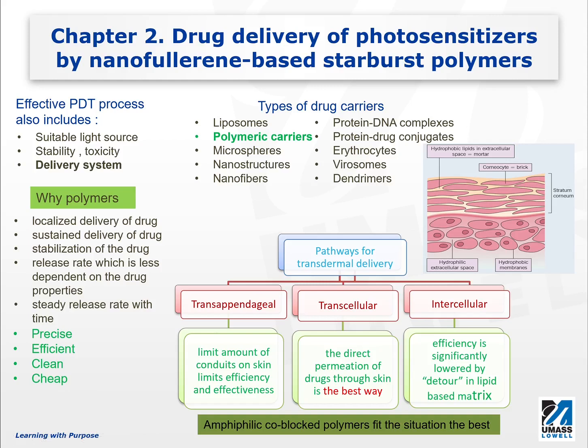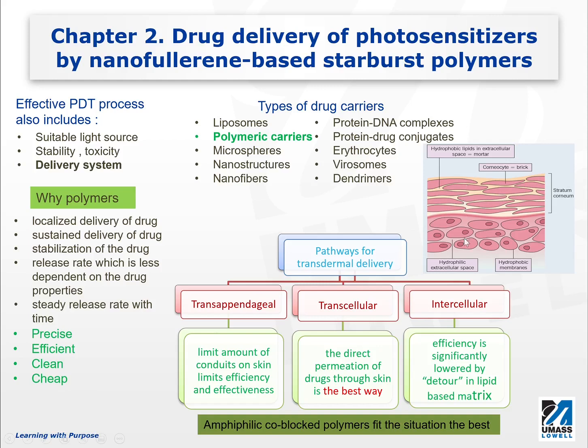However, for the delivery of the photosensitizer, we think a polymeric carrier might be a good candidate, because in a word, it's more precise, more efficient, cleaner and cheaper. And for choosing the polymeric material for transdermal delivery, especially for the photosensitizer, which is widely used for dermal treatment, we have to make sure the type of polymer is suitable for transdermal delivery.